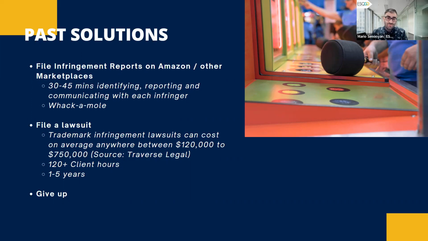On average, you're looking at spending 120 hours to find the right lawyer, the right law firm, to prepare all the documents for the law firm to look at, and just your involvement in dealing with the attorneys and providing them with information. And really, it's going to take a few years. You're looking at the next 1 to 5 years in litigation. And I promise you that's never fun.